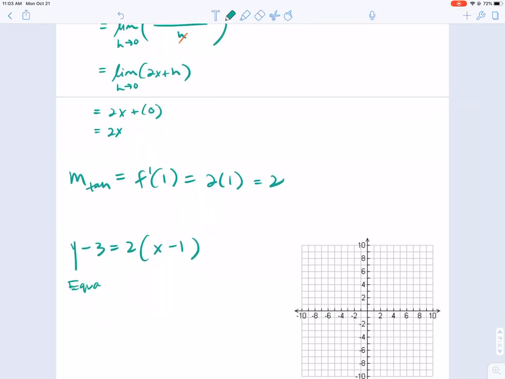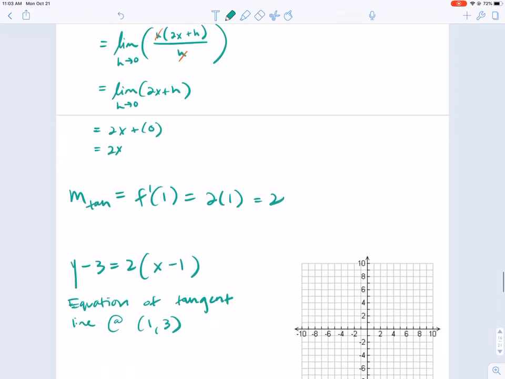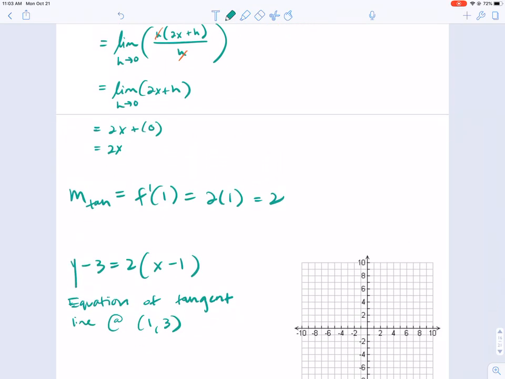This would be our equation of the tangent line at 1, 3. We don't need to graph. If you want to graph it on Desmos to check it out and make sure that that makes sense, then you can.